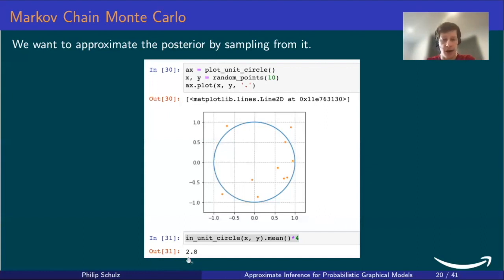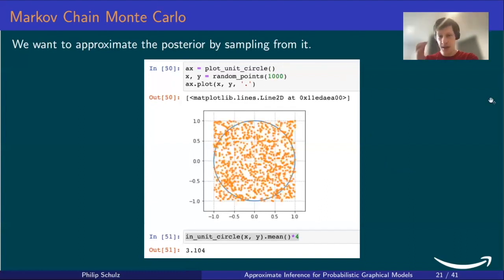If you know the value of pi, not a great approximation, not really. So what can we do then? Well, as I said before, in Monte Carlo techniques, the more samples you draw, the more accurate you're going to be. So instead of drawing 10 samples, let us draw 1,000. As you can see, they're very evenly distributed across the square, which is good. That means we are sampling correctly, uniformly from the square.